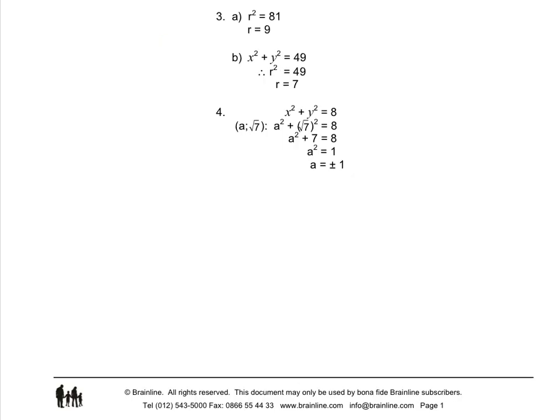In question 3, we were given the equation of the circle and we have to work out the radius. So it is as simple as taking the value of r squared, which was given as 81, and then getting r alone. Therefore, I will draw a square root on both sides so that the square root and the square cancel out and I get r alone.